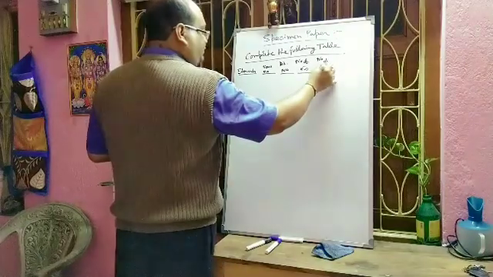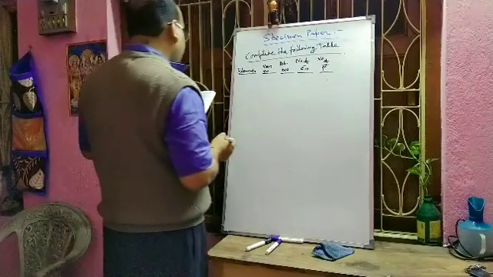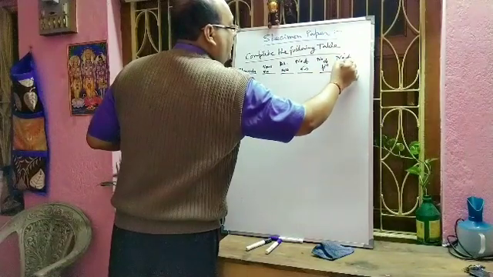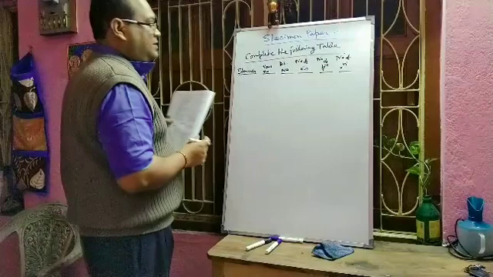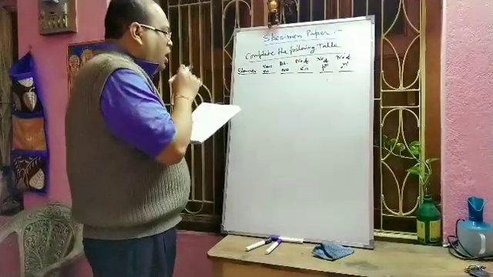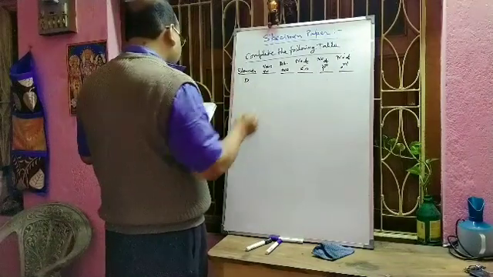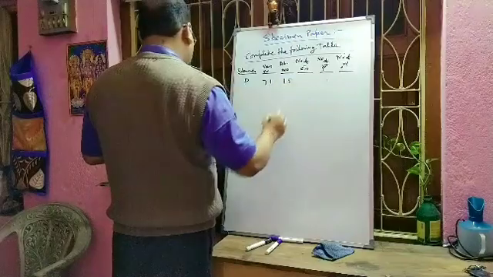Next one is number of neutrons. So first one is given phosphorus. Here it is given 31, 15. Others you have to fill up.